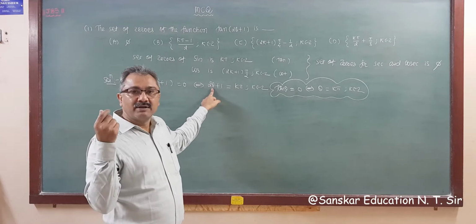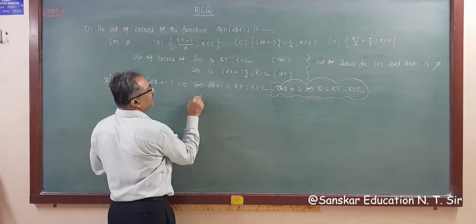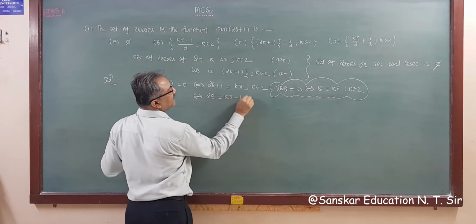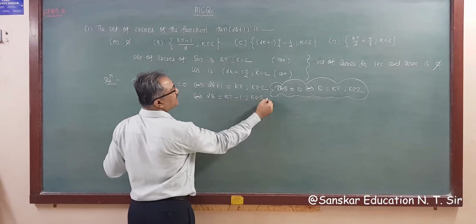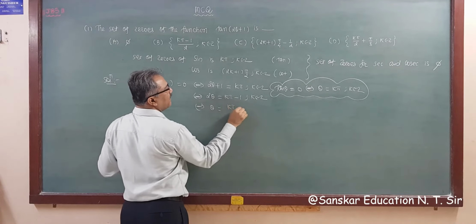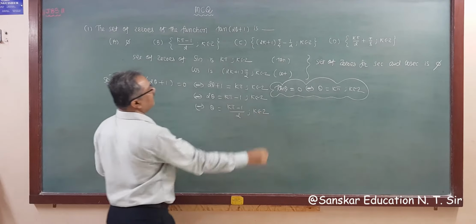We have to make theta the subject. So taking 1 to the opposite side, 2 theta is equal to k pi minus 1, k belongs to Z. So this implies theta is equal to (k pi minus 1) by 2, k belongs to Z, right?